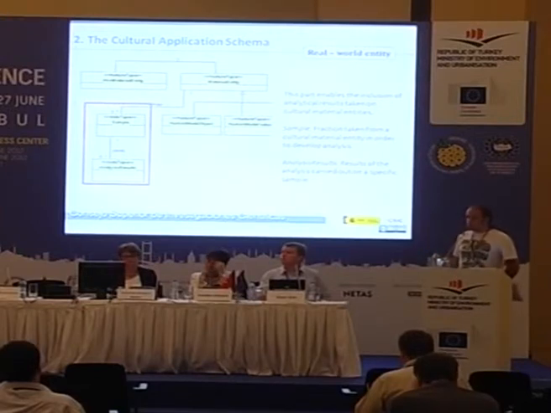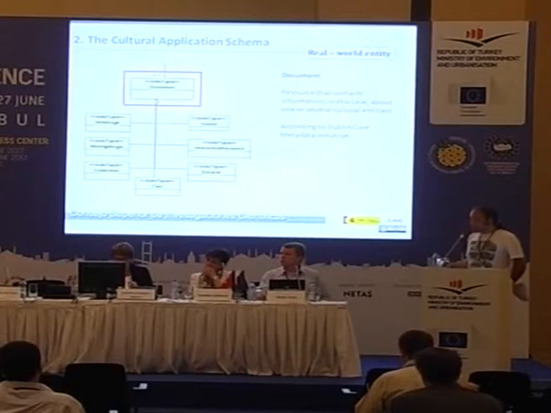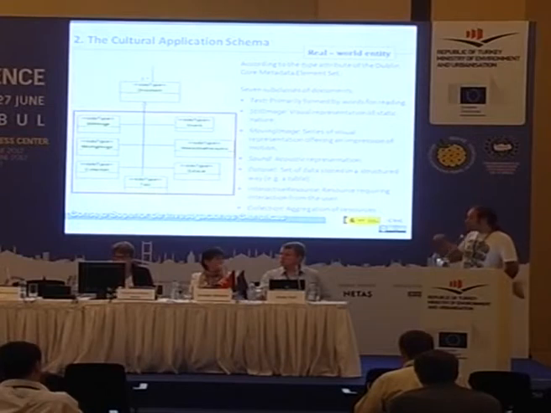So we also thought it was interesting to model this aspect of cultural entities. And finally, we have also gathered documents according to the Dublin Core metadata element. We just shaped the model according to the main subclasses of documents.